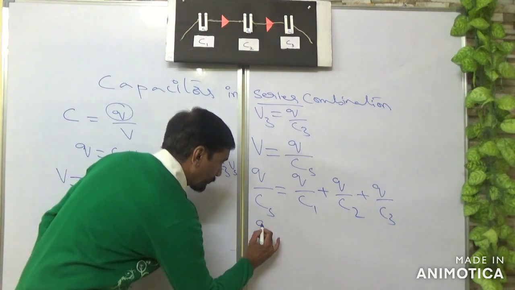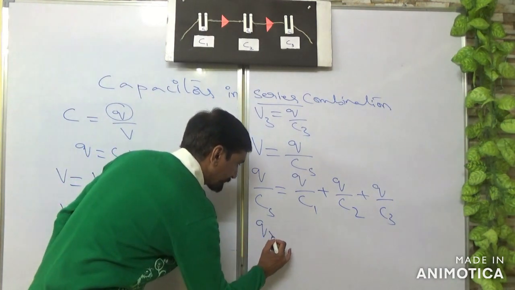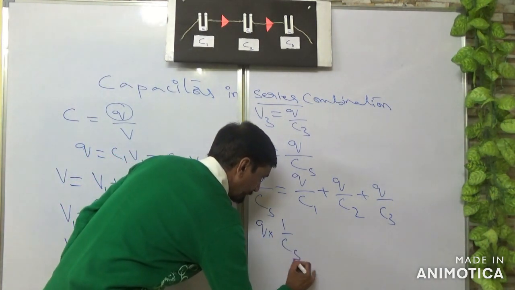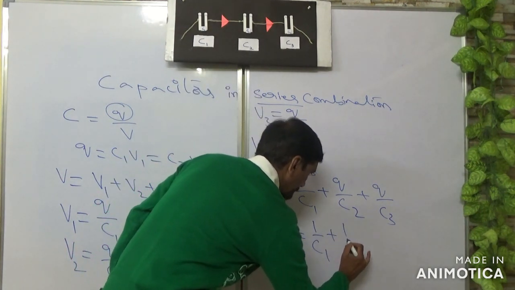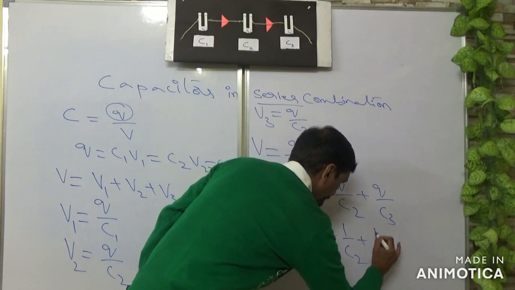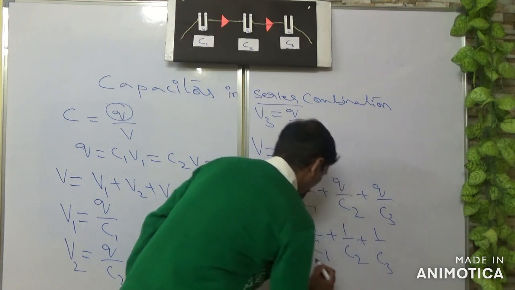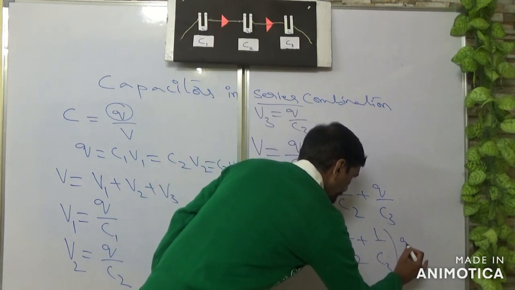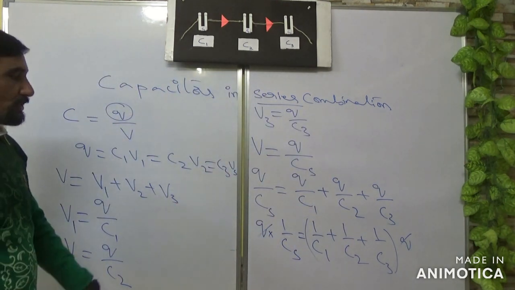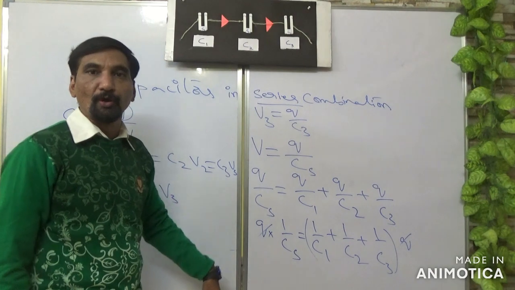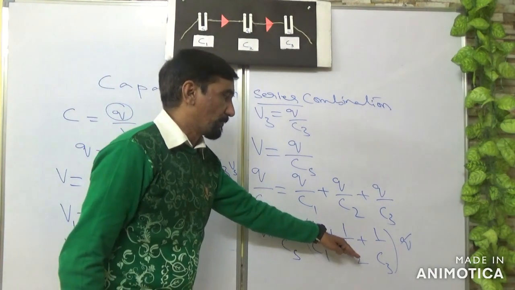Taking Q common, the effective capacitance is given by 1 by CS equals 1 by C1 plus 1 by C2 plus 1 by C3.